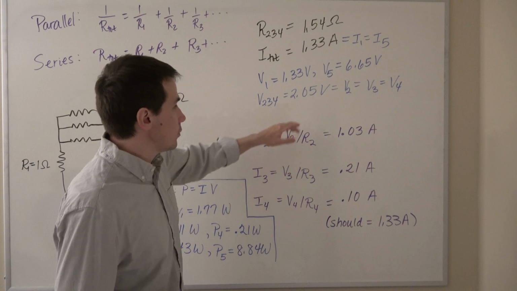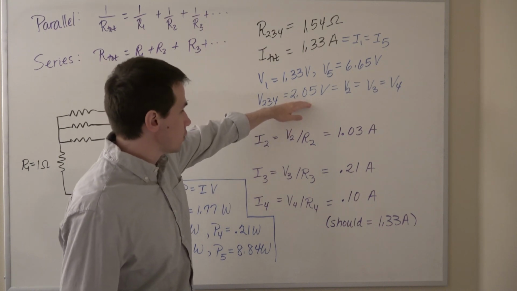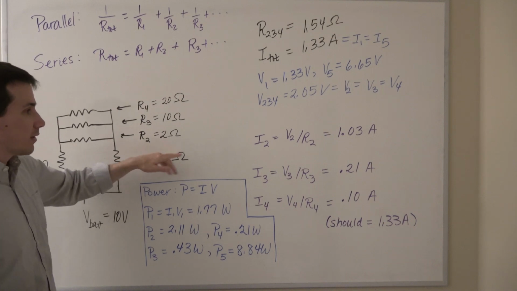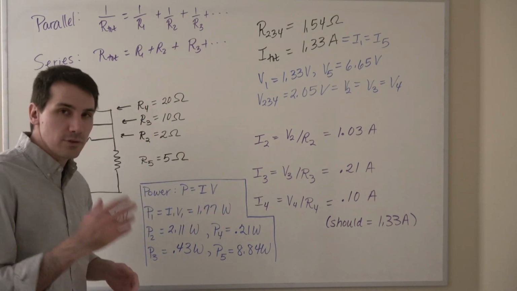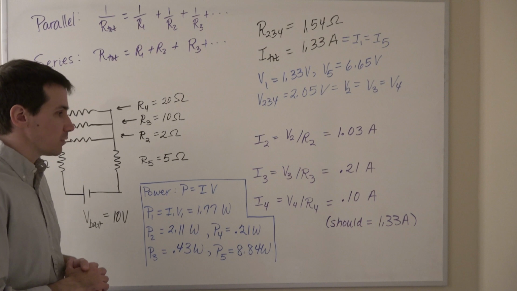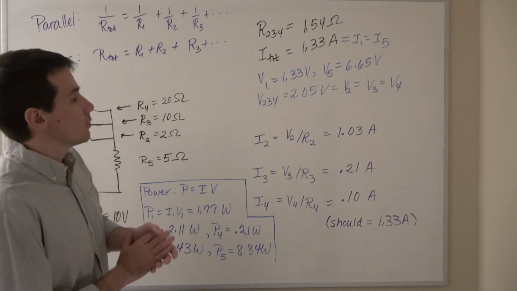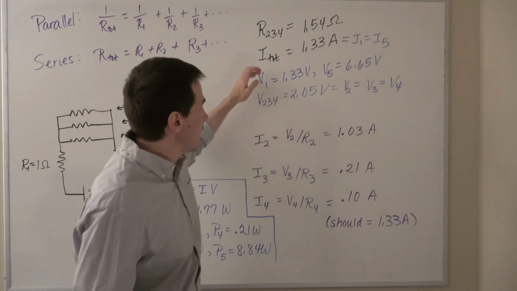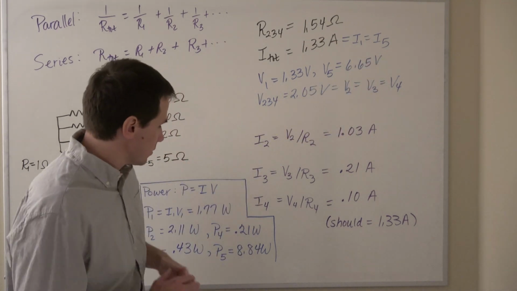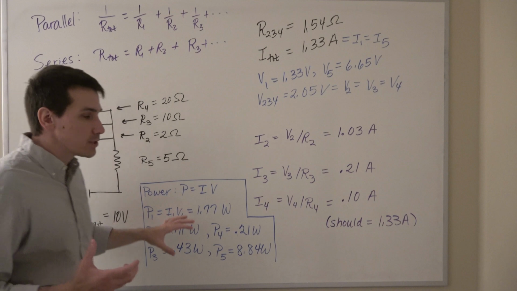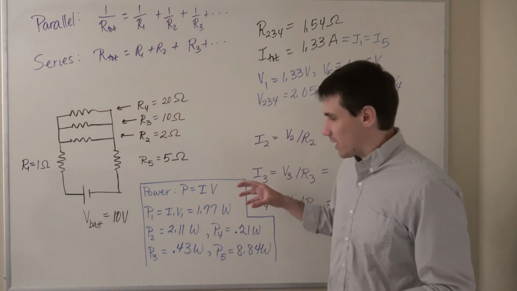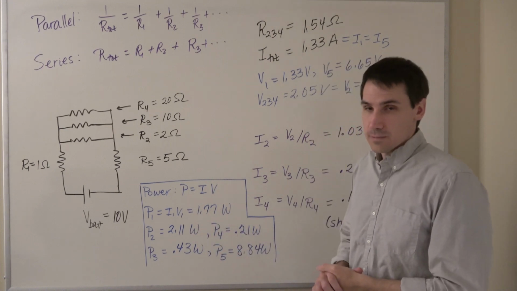So doing this using our known voltage along with the known resistance, we are able to calculate the current through each of these resistors individually. And now, if you look, we have our currents for each of the resistors, our voltages for each of the resistors, and we can then multiply those two things together, voltage times current, in order to find the power of these resistors.